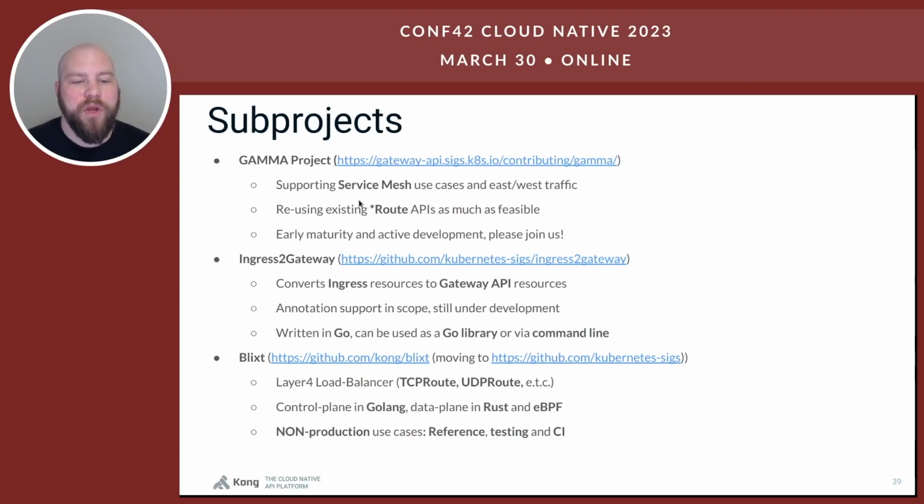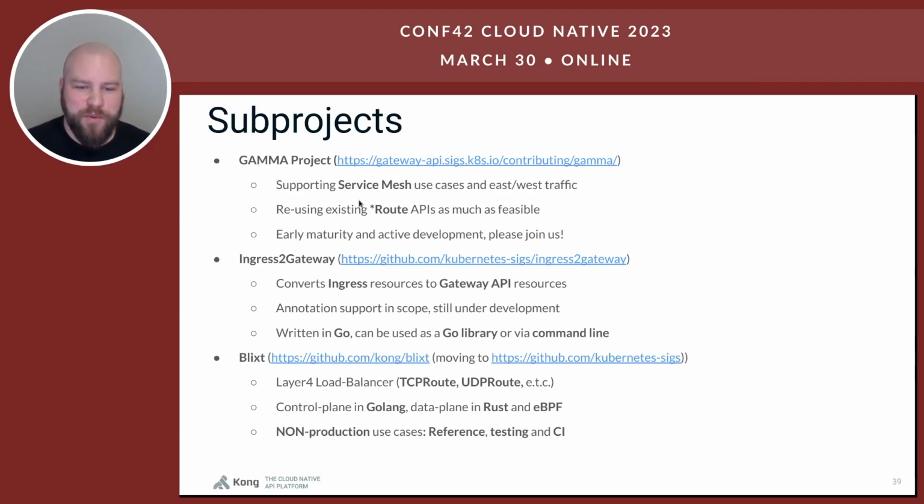And then we also have a project called Blixt, which started at Kong as an experimental layer 4 load balancer, written in Rust and using eBPF. It is being donated to Kubernetes SIGs as a testing and reference implementation, something that we're going to use in our CI, and also something that's helping to drive forward layer 4 support, which had historically been lagging because of lack of people coming together to help build the conformance tests.